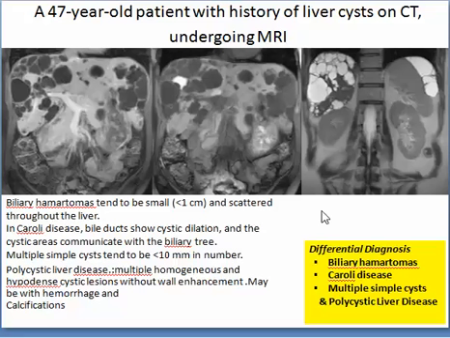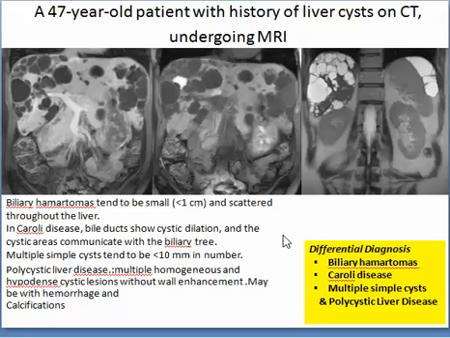So the differential diagnosis in this case, which is polycystic disease of the liver, is biliary hamartomas, Caroli's disease, and multiple simple cysts, and we have discussed it here.